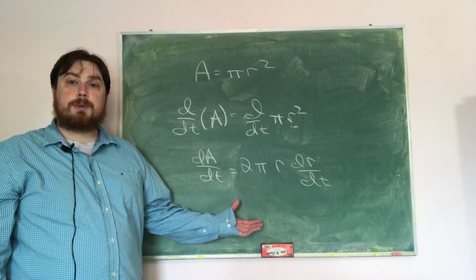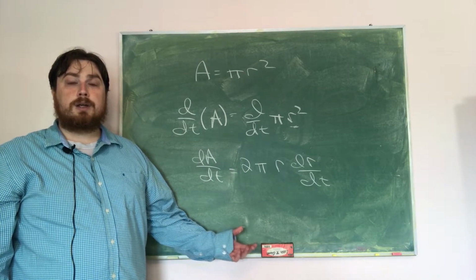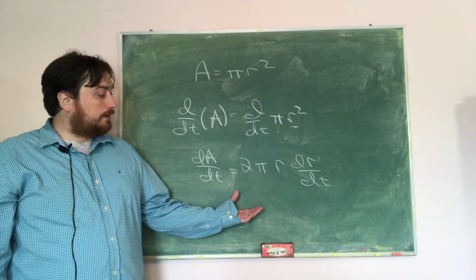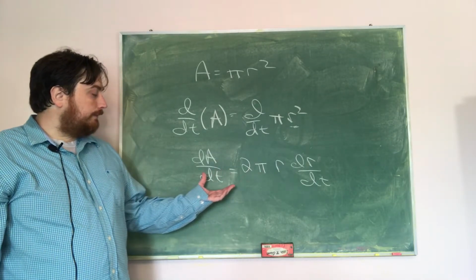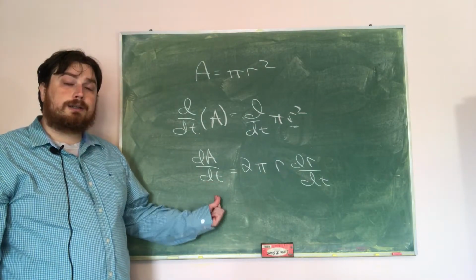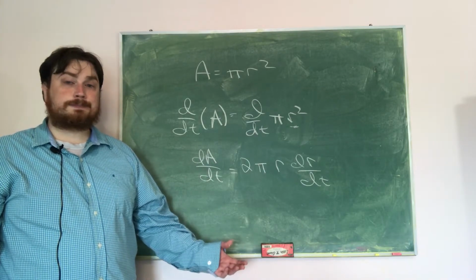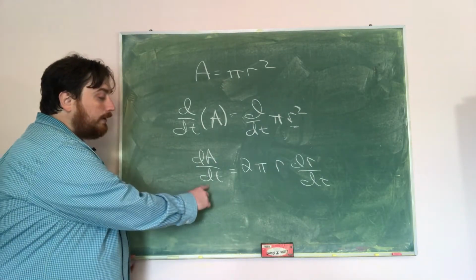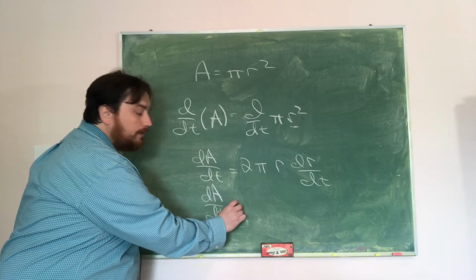If you want more practice with this, go back and look over the implicit differentiation video, and hopefully you can get some more help with this. But now that we've done the implicit differentiation and found the derivative, what is dA/dt? In order to find that, we're going to plug in what we know to find what we don't. We don't know dA/dt right now because that's what we're looking for, so we leave that alone.